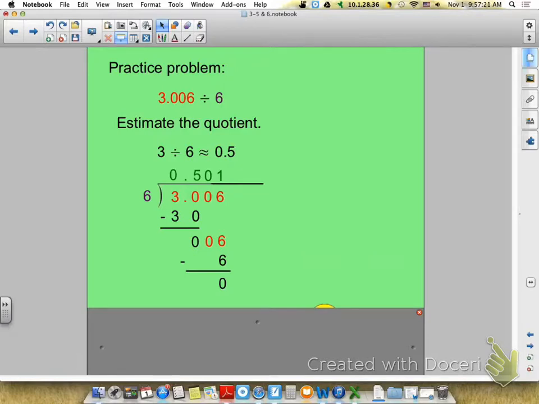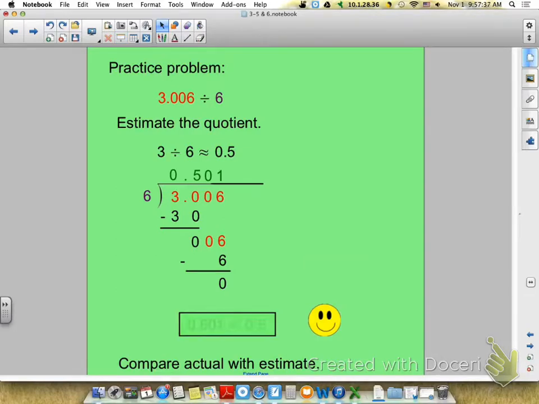But if I were to round it to the nearest hundredths place, what would it look like? 0.5 or 0.50. All right? Okay. Now compare your answer with the estimate. Very, very, very close, right? Exactly. It's just 1,000ths away. You barely rounded your original number.